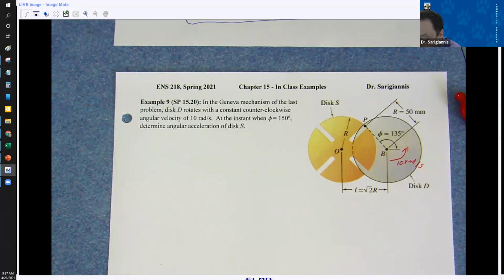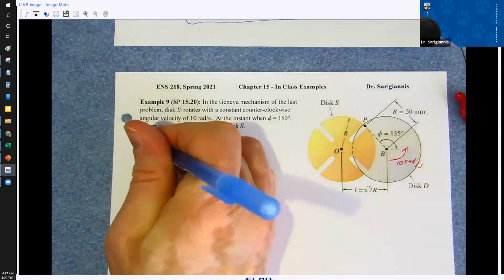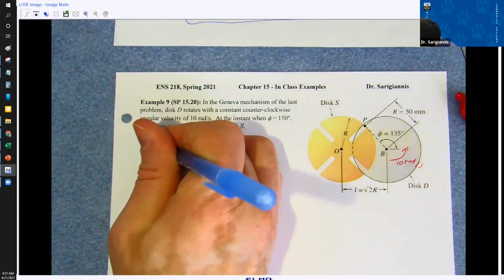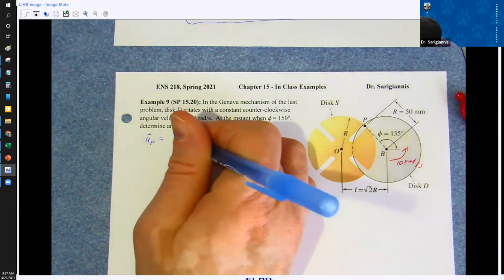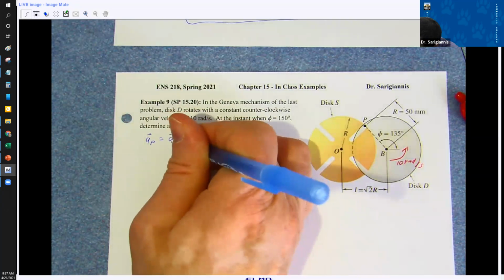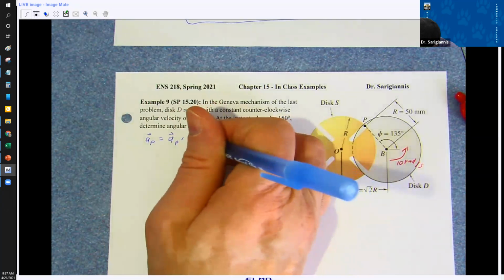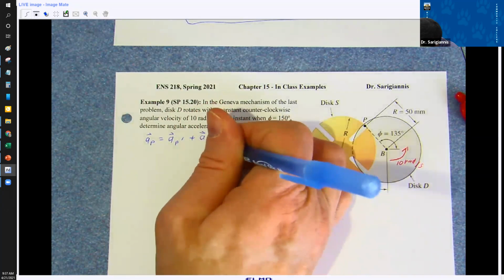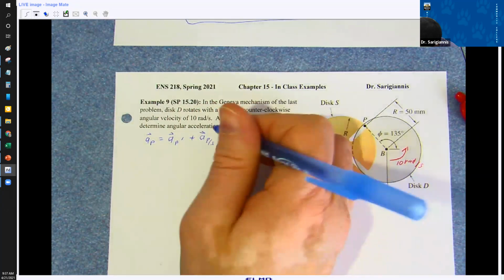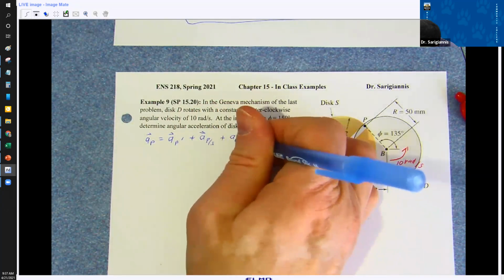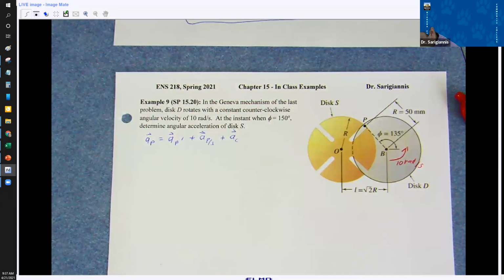So disk S is going to have an acceleration. So let's look at the acceleration of point P. It is now going to be A of P prime plus A of P with respect to S plus the Coriolis acceleration. Got another term in there.